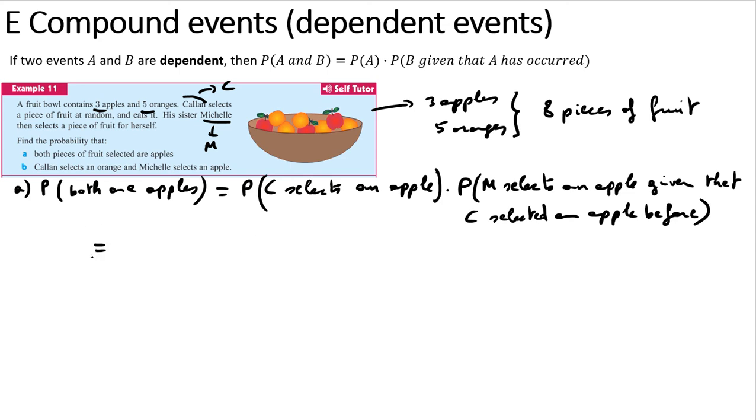So in the beginning we have 8 pieces of fruit there, and Callan selects an apple.